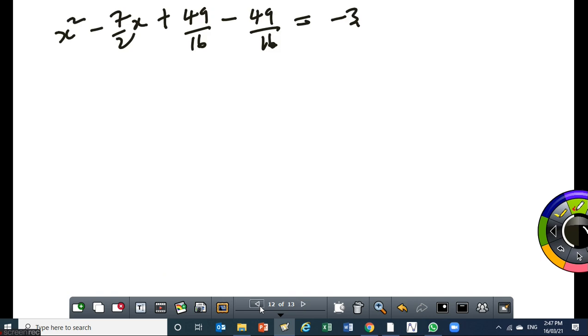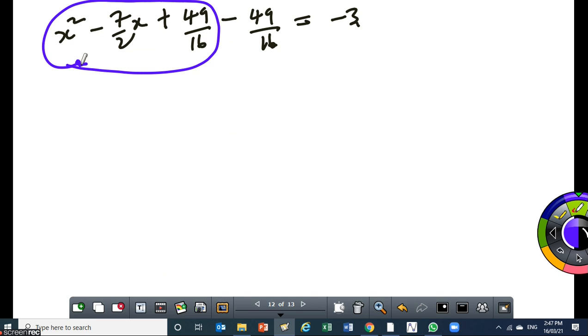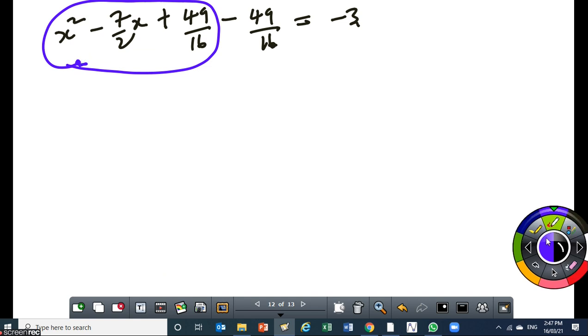Then the next thing, you need to know that your perfect square trinomial is going to be created here. That's where your perfect square trinomial is going to be. And the perfect square trinomial, when it's factorized, you get two equal binomial factors. To get those two factors, it's not complicated.